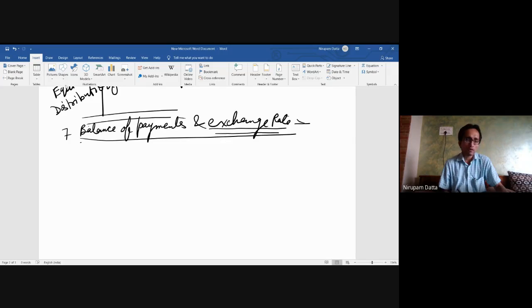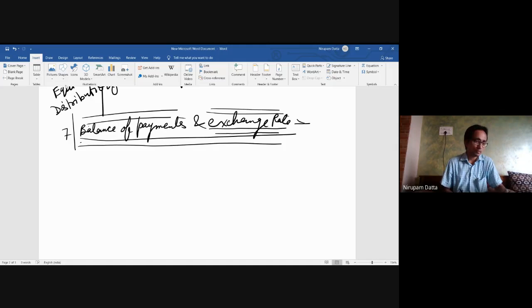So if our receipt from the outside world is less than our payments to the outside world, we will run a balance of payments deficit, and vice versa, and that is all affected by the exchange rate. So exchange rate is one of the critical factors that determines the state of balance of payments with the rest of the world, apart from the pattern of our demand of goods and services or financial assets that we also generate vis-a-vis the rest of the world. So these are the major issues in macroeconomics.